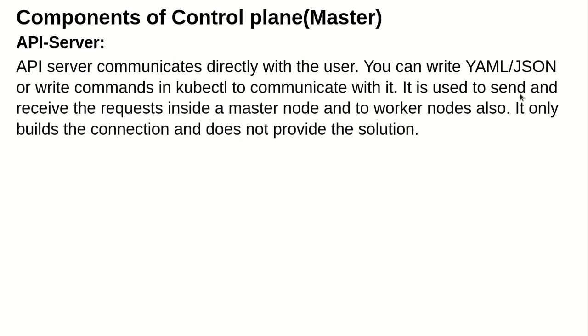It is used to send and receive requests inside the master node. It will communicate inside the master node, and it will also communicate with the worker nodes. It only builds the connection and does not provide the solution. The API server builds the communication, but it will not provide the solution.